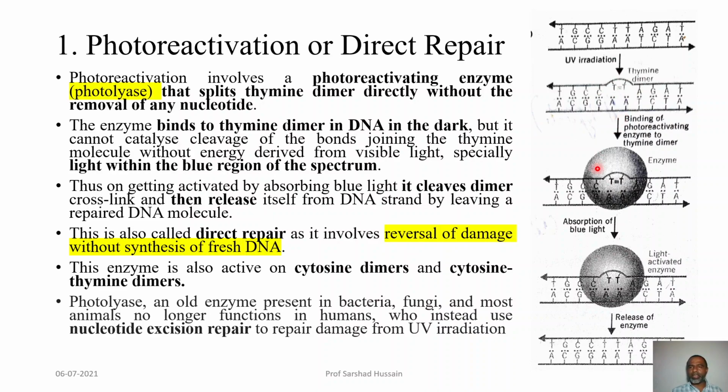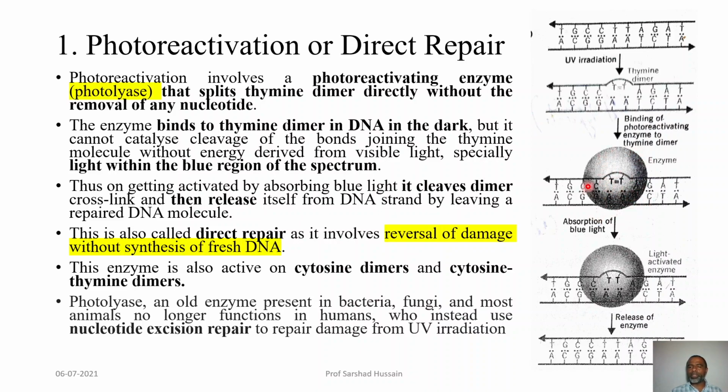Let us take an example. For example, you have this DNA molecule which, because of UV radiation, has got a thymine dimer within this strand. During the dark, this photolyase enzyme binds with this DNA, particularly recognizing the site of the thymine dimer.